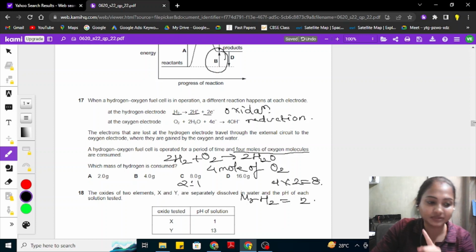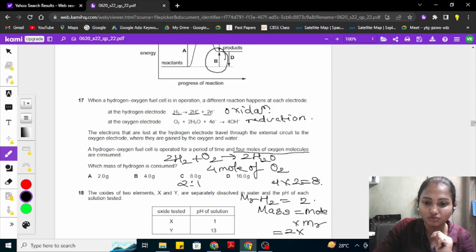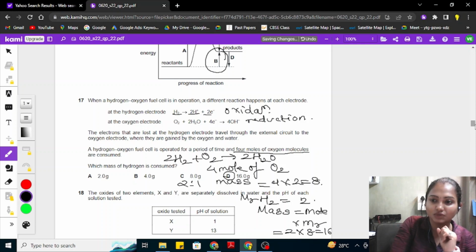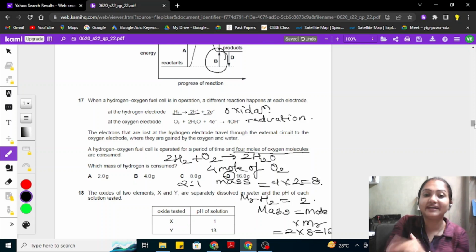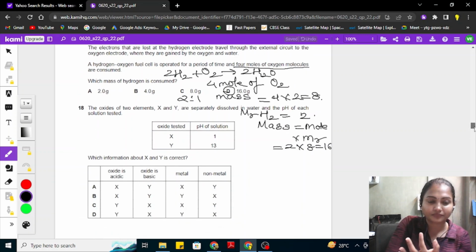So 1 into 2 becomes 2. So we have to find the mass of hydrogen, which is moles into Mr, which is 2 into 8, which is 16. So which option is correct? Option D is correct for us. The mass of the hydrogen consumed will be double that of oxygen, which is going to be 16.